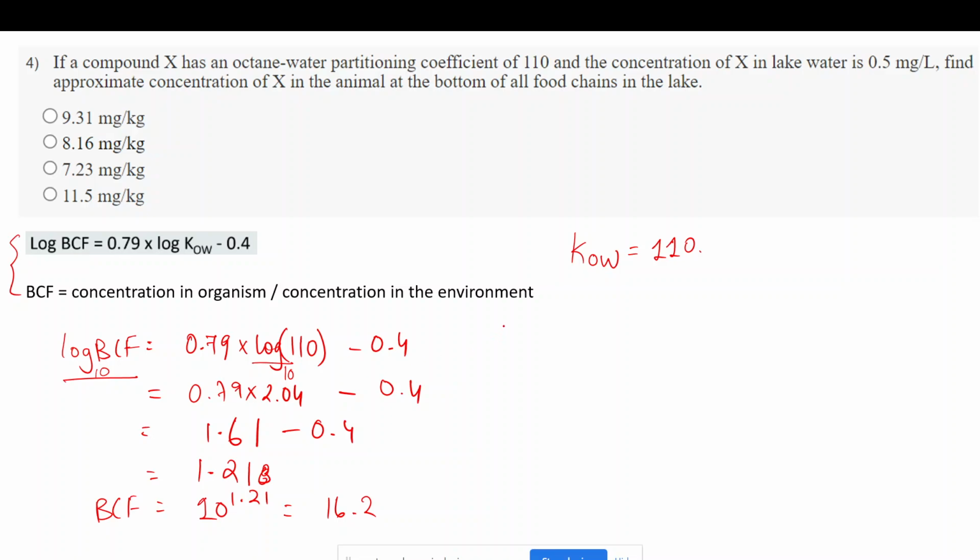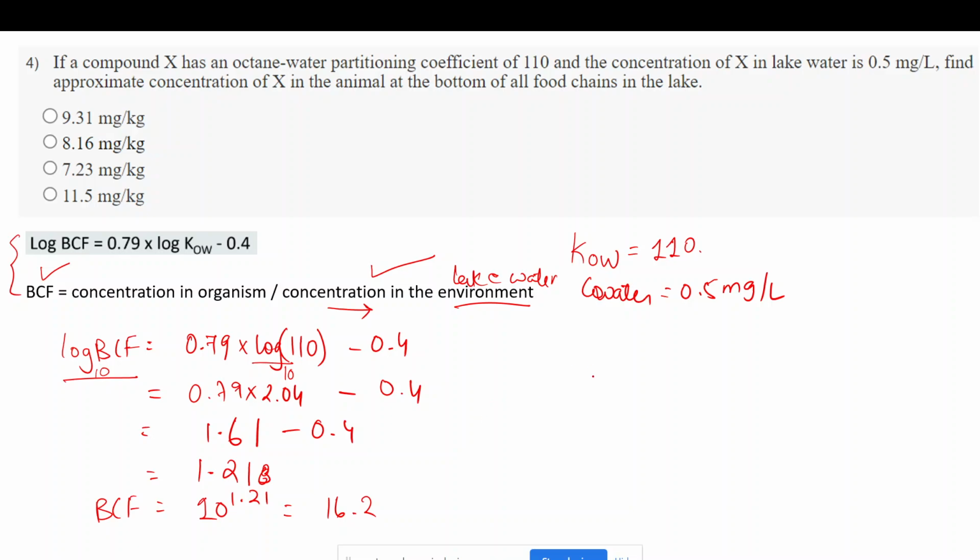Now to find out the concentration in the animal, we need to use this formula. The data given is the BCF we have calculated, and the concentration in the environment. Here the environment is lake water, and the concentration in water is given as 0.5 milligram per liter.